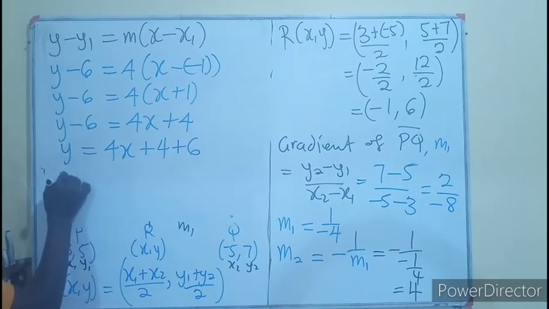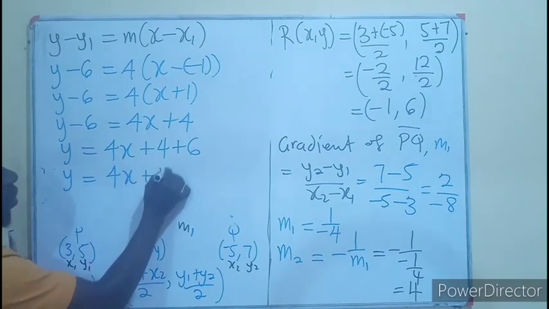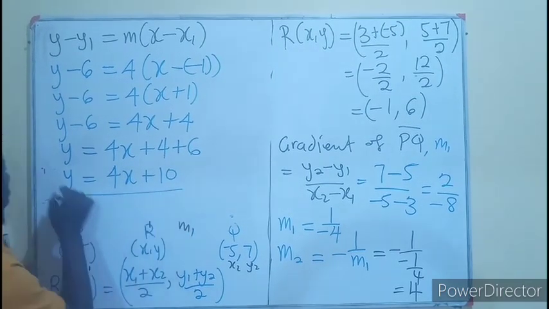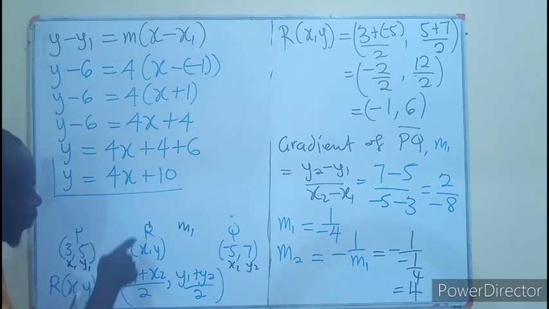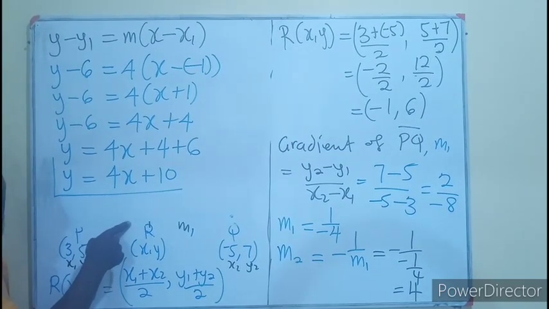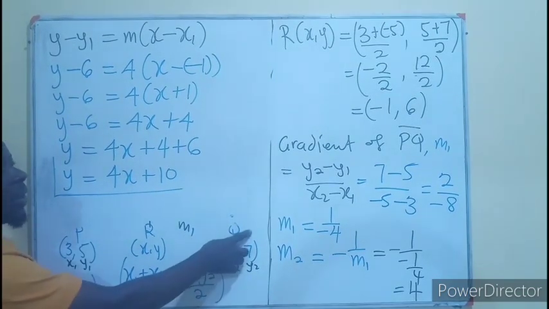From here, we have y equals 4x plus 10. So this is the equation of the line that passes through the point R and is perpendicular to the line PQ.